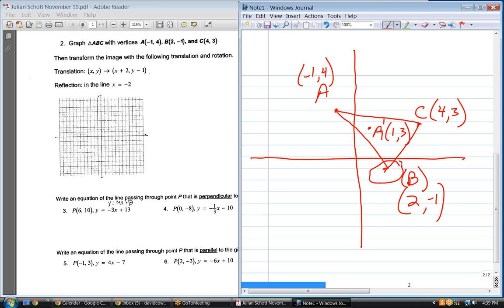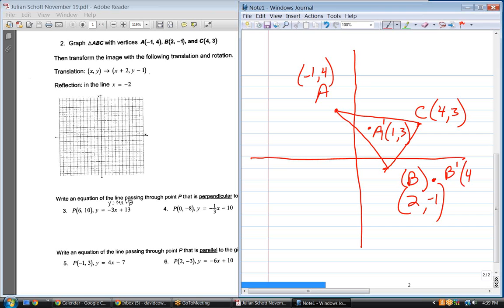So the new B, B prime, has to be 2 units to the right and 1 unit down from that old B, because that's what we're doing, that translation. So if I move 2 units to the right and 1 unit down, here's my new B right here, and that's B prime.